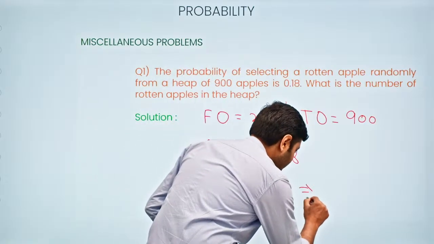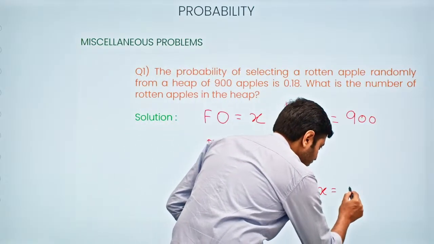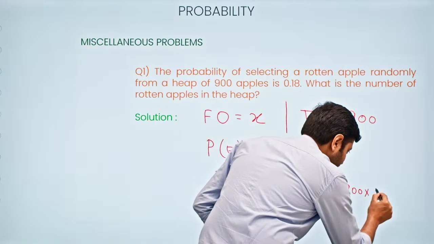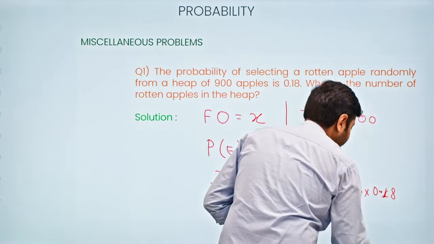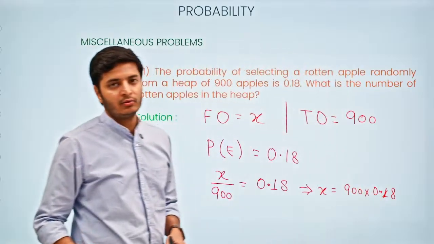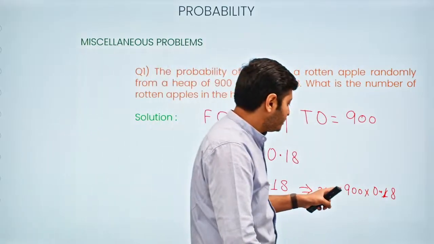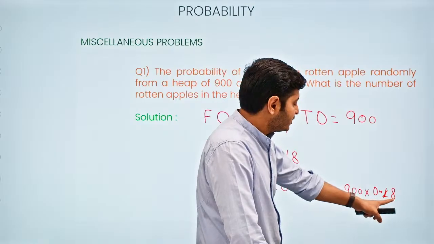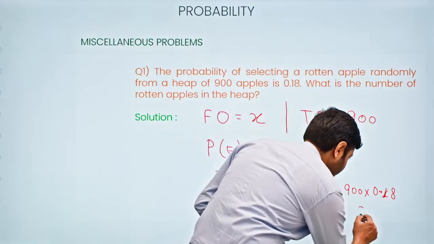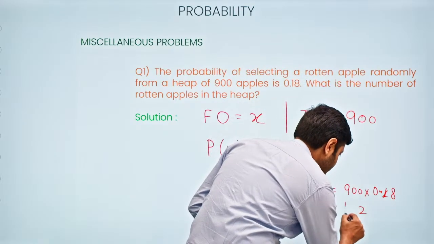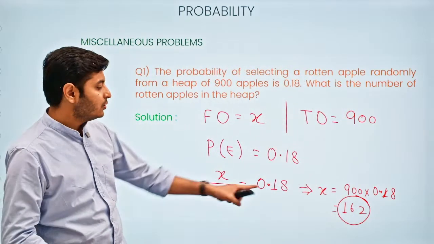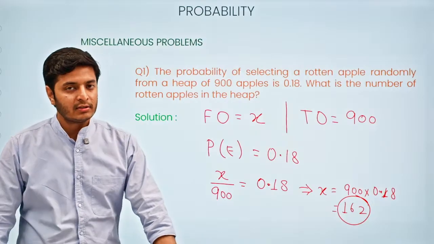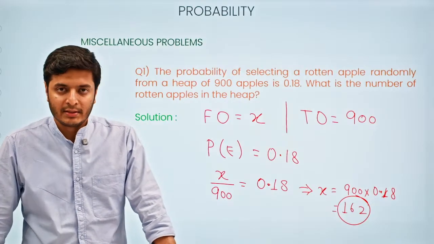So we are gonna end up with x is equal to 900 into 0.18. So 900 into 0.18 is gonna give us 162. So there are 162 rotten apples in that heap.